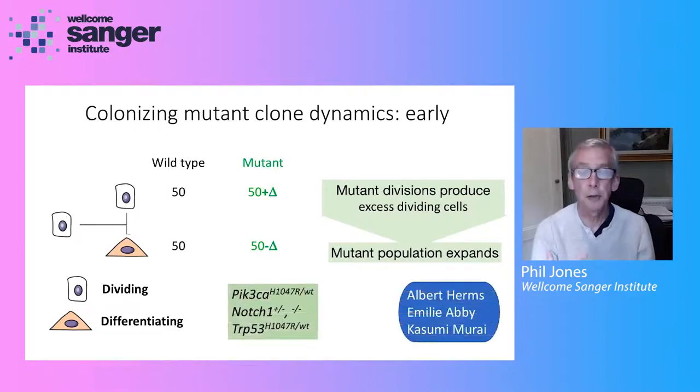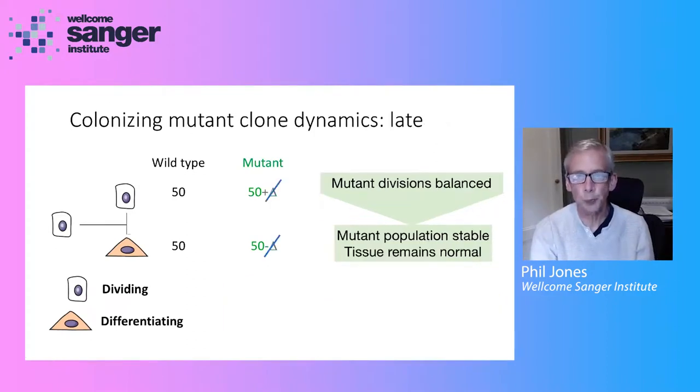And this is true not only of the mastermind mutant, but also of some other mutants found in human esophagus and linked to tumours. So we've studied the PI3 kinase mutant that forms large clones in human esophagus and is found in cancers. P53 mutants behave in this way, and also notch mutants, where we lose one or both alleles of notch. They expand by altering the fate balance of the cells.